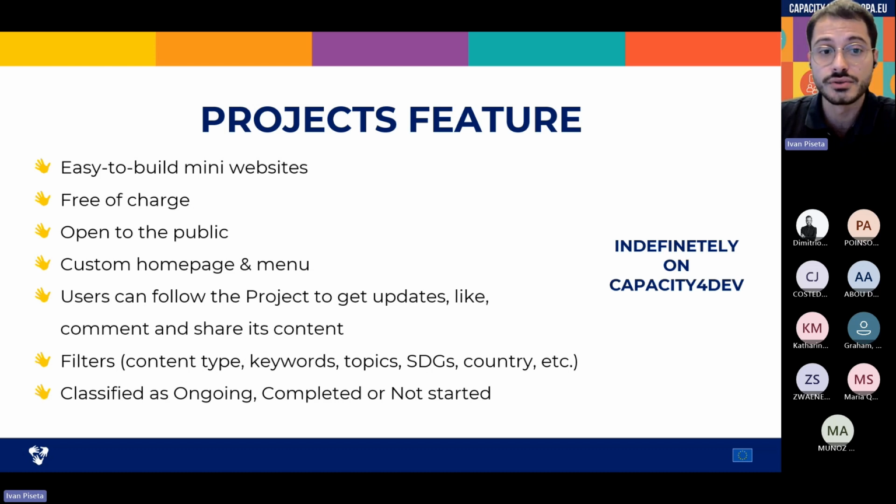That is the way you can build your own project in Capacity4dev. It works like the old blogs that everyone used from Blogspot, WordPress, just a little more advanced, more up to date. It's completely free of charge. Also, I would like to point out it's completely free of ads. It's not like on social media where you'll be navigating through a lot of ads all the time.